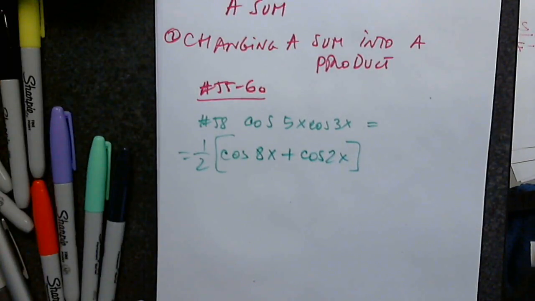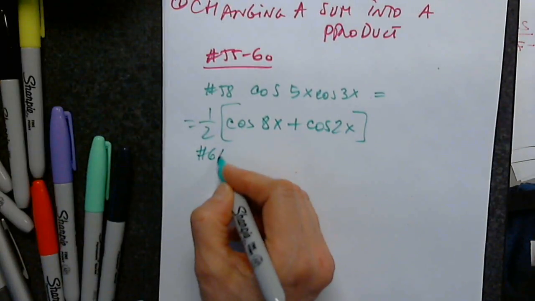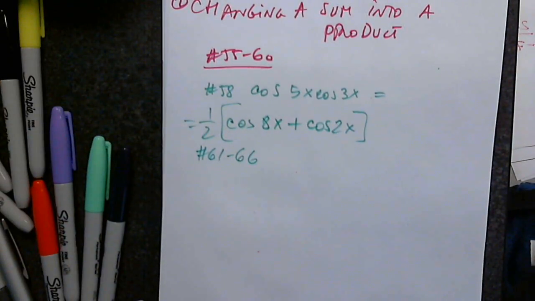Now let's write the sum as a product, 61 through 66. That's it. Huge. I know right now it doesn't say much, right? It's huge, because in calculus, to determine the integral of this, it takes 1 second.